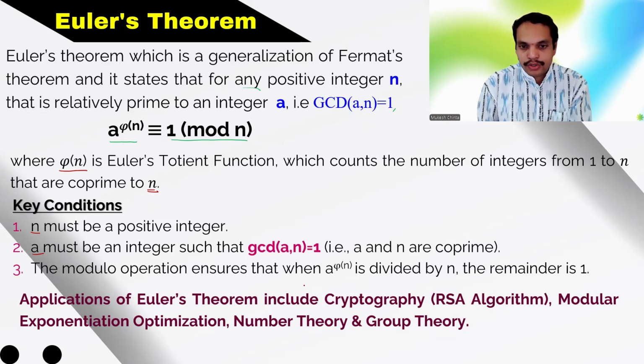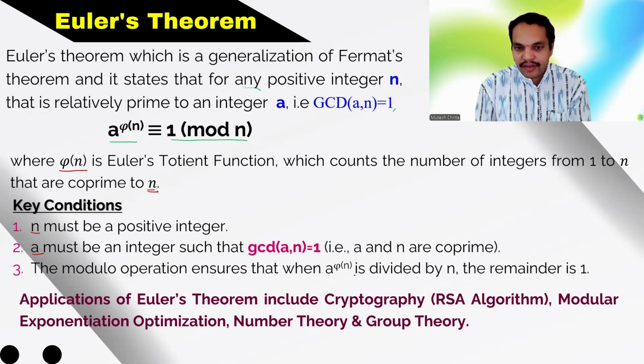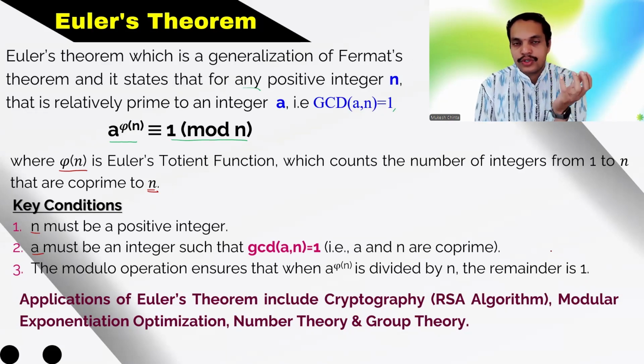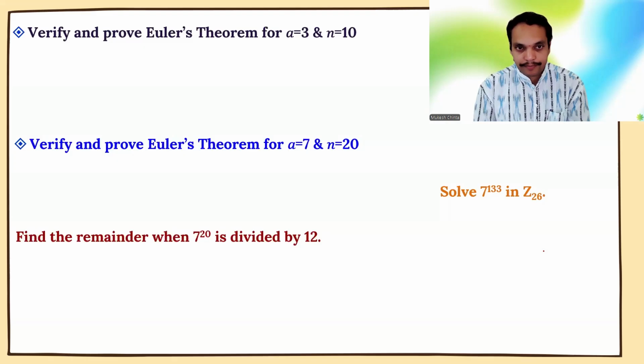The modulo operation ensures that when a to the power of psi of n is divided by n, the remainder is always 1. Euler's theorem is widely applicable in cryptography, which includes the RSA algorithm, modular exponentiation optimization, number theory, and group theory. So let us do some examples to understand Euler's theorem better.